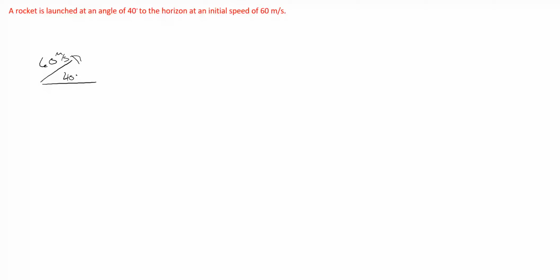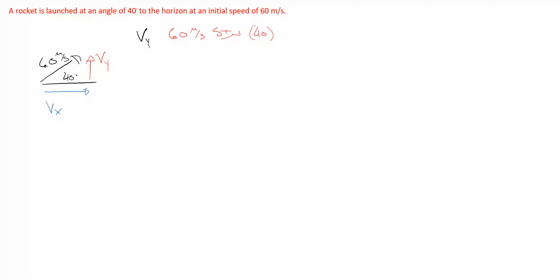Our first step is to break this velocity vector into its components. So we have to solve for the velocity in the Y and the velocity in the X. To solve for the velocity in the Y, we're going to take our initial velocity, 60 meters per second, and multiply it by the sine of theta.